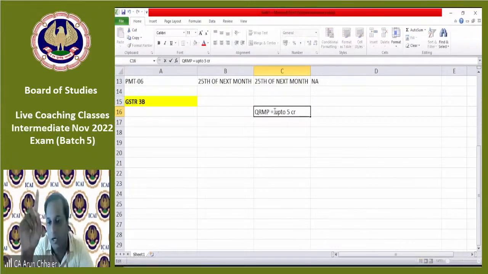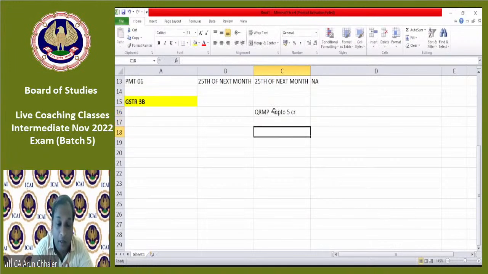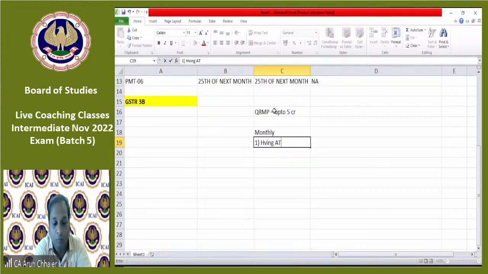Having aggregate turnover up to 5 crore, one can opt for the QRMP scheme. So who will file the monthly return? One would be having annual aggregate turnover more than 5 crore.